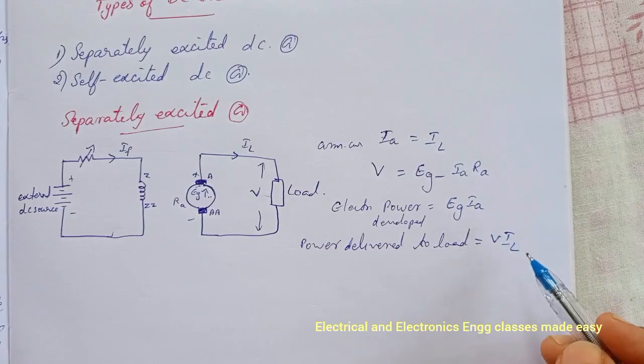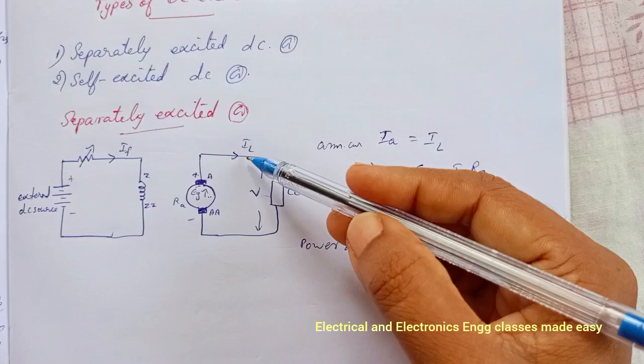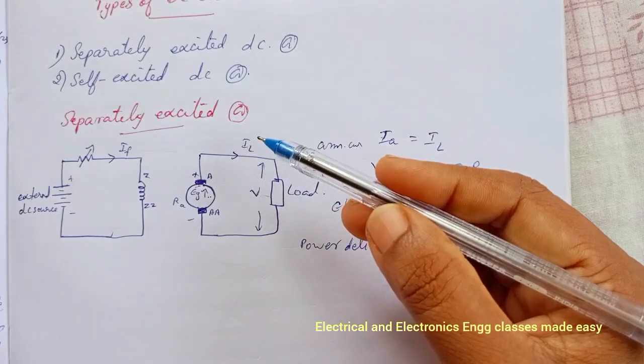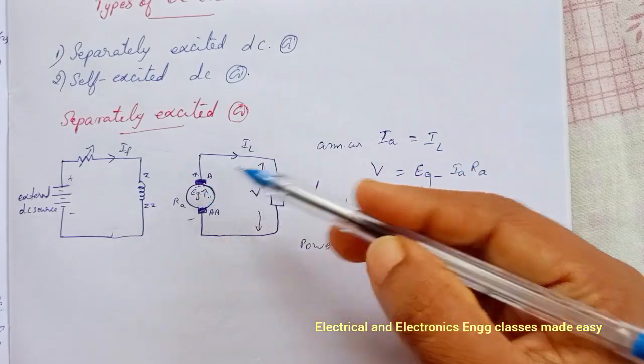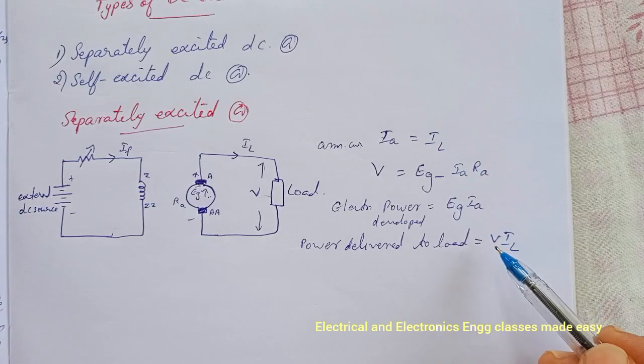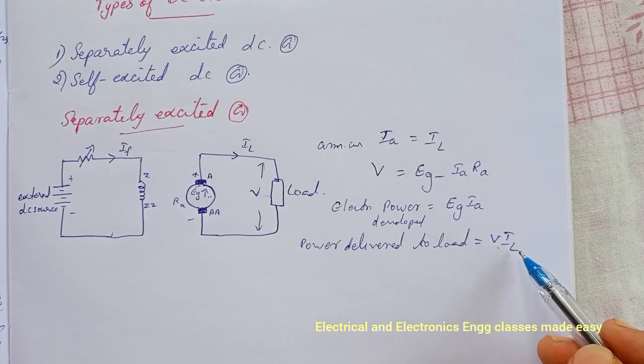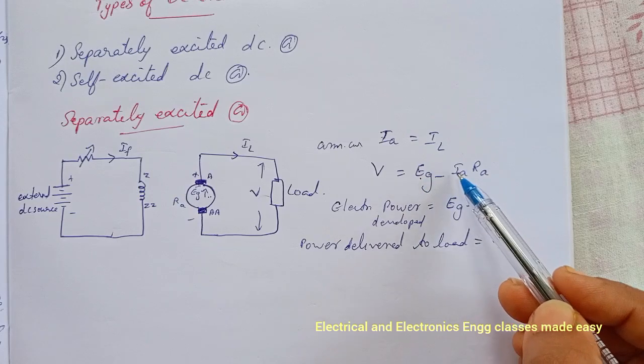IL is equal to IA, and V is EG minus IARA.